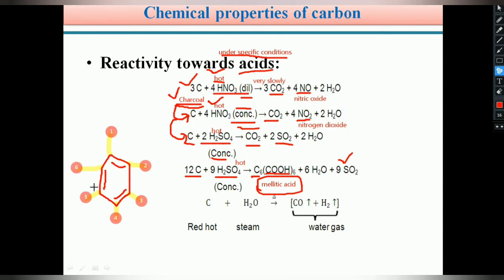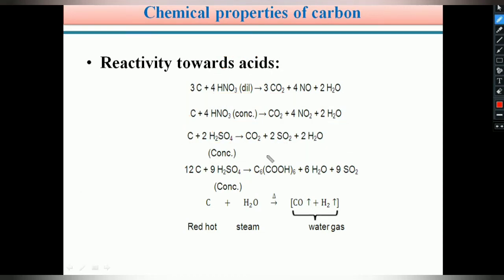So whenever carbon is treated with hot concentrated H2SO4 at high temperature, along with CO2 and SO2, it forms a small amount of mellitic acid.